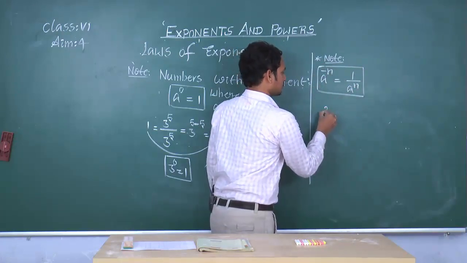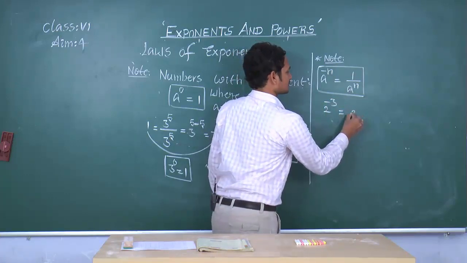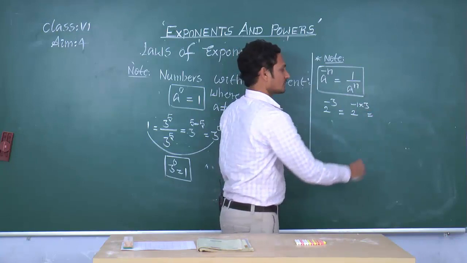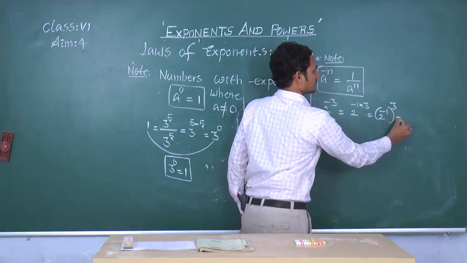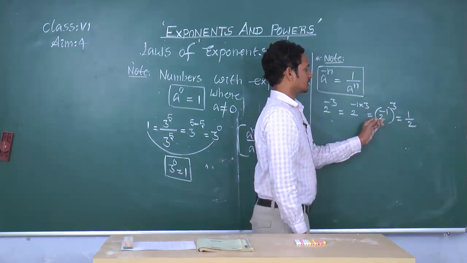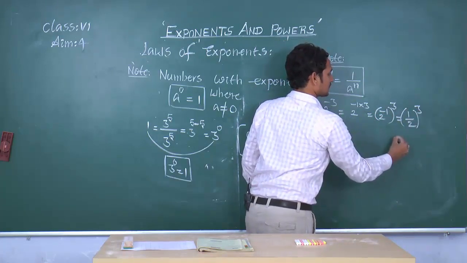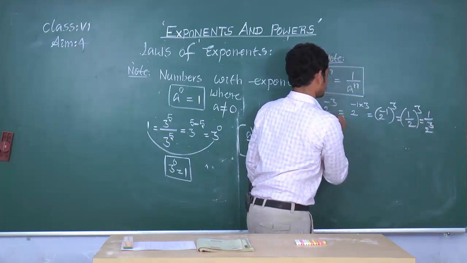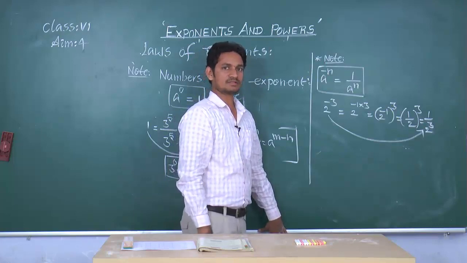Here 2 power minus 3, we can write it as 2 power minus 1 into 3, nothing but 2 power minus 1 whole power 3. 2 power minus 1 we can write in general as 1 by 2, the reciprocal of 2, nothing but the inverse of 2, whole power 3. So we can write it as 1 by 2 cube. So finally 2 power minus 3 we can write as 1 by 2 power 3.